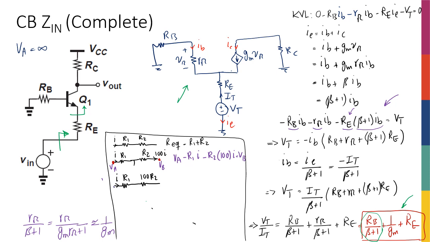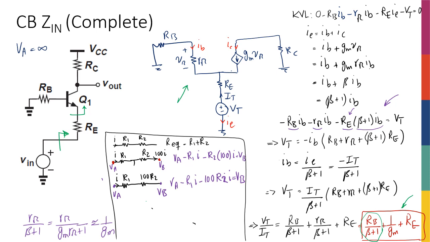Now, for this case, if I want to write the KVL, it's going to be VA minus R1I minus 100 R2I is equal to VB, right? You see that the same expression appears.